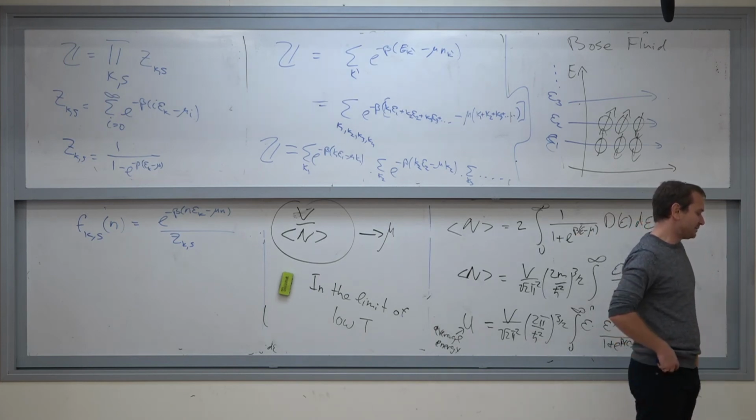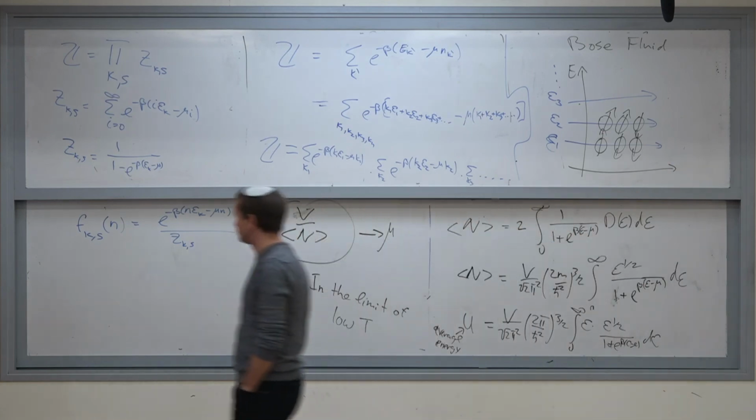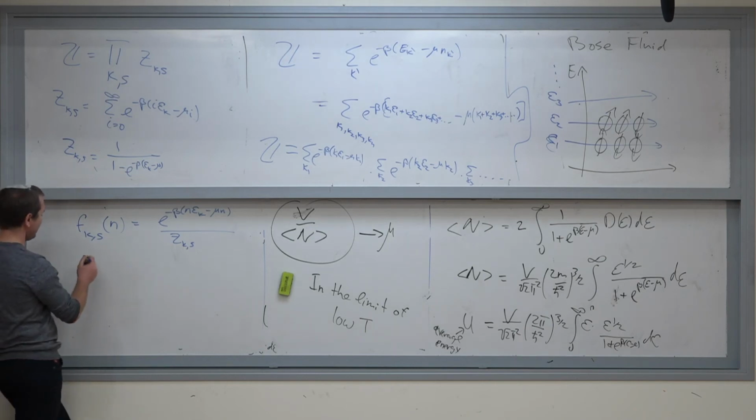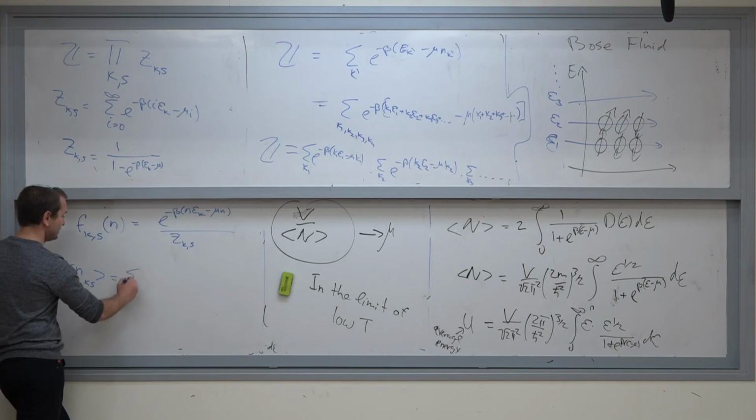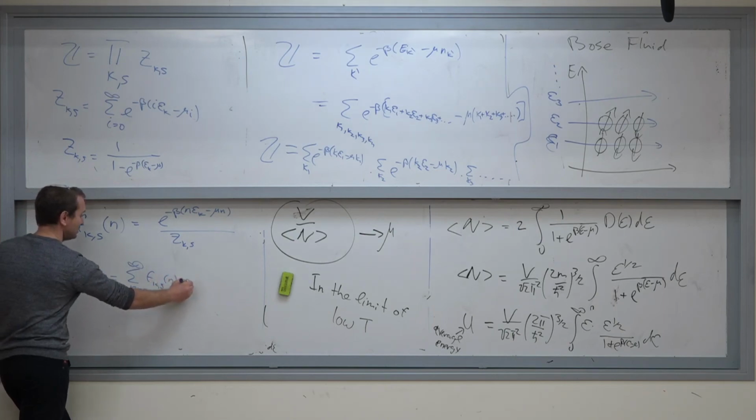This is very simple. And if I want to compute the average number of particles, what should I do? Well, the average number of particles at state K, S, is simply the sum over n from 0 to infinity of psi K, S of n multiplied by n.